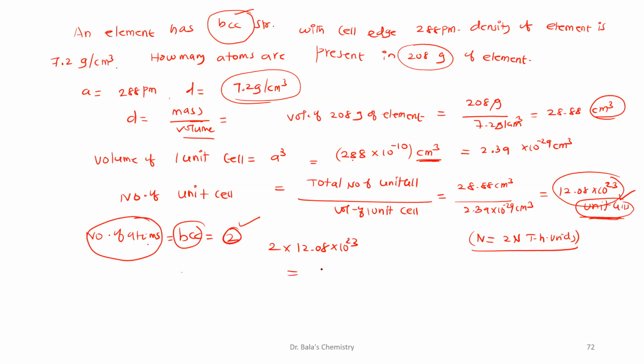If you solve this, you will get 24.16 into 10 power 23 atoms. This is the number of atoms. You have to calculate using this formula. Is that clear? If you have any doubt, you can ask.